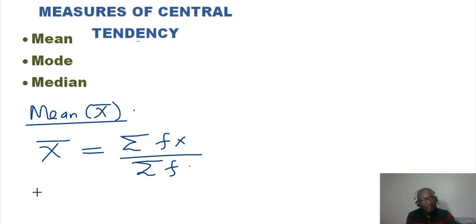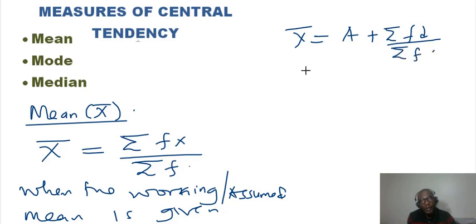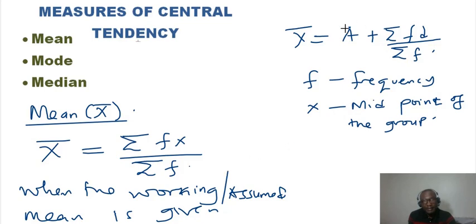But when the working mean is given, we can go ahead to find the actual mean x bar from the formula: assumed mean plus summation fd divided by summation f, where f is the frequency, small x is the midpoint of the group, capital A is the assumed mean, and smaller d is the deviation.